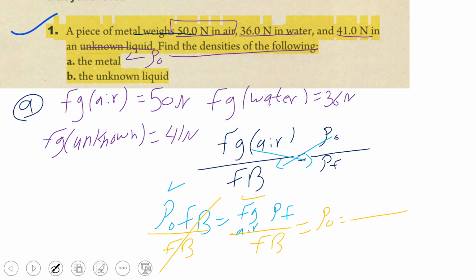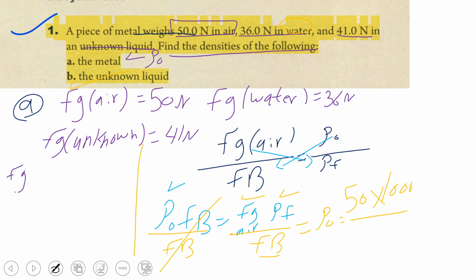So the density of the object is equal to Fg of the object in air, 50 Newton, times the density of the fluid. Because we have water, the density of the water we say is all the time 1000, over the buoyant force. Again, there is no buoyant force, so I'm going to find it here.